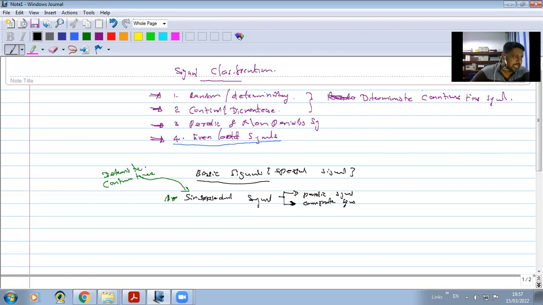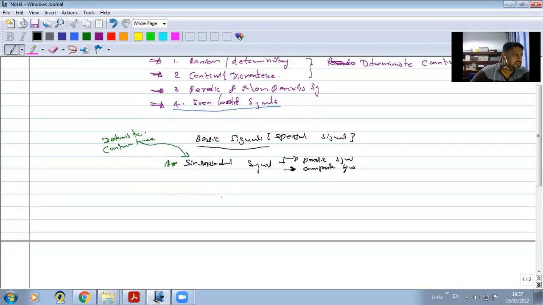Okay, so these things we have learned up to now. And very importantly, we have three more important basic signals, we can say basic functions. The second one is the unit step function. The third one is the unit impulse function.